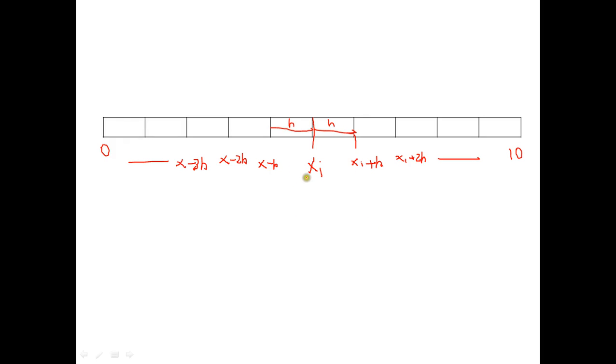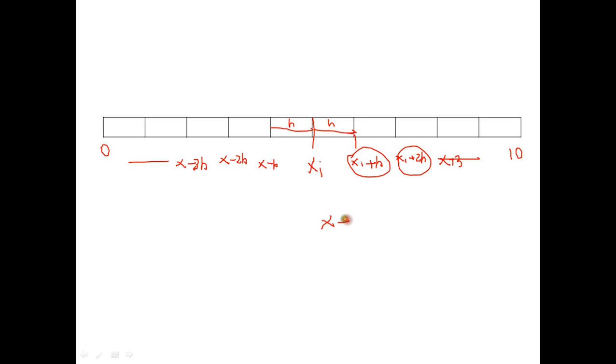So if this is xi, then the next point would be xi plus h, xi plus 2h, and x plus 3h, something like that. So we can write here x, not xi, say x.